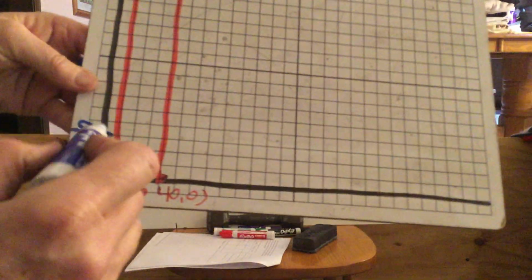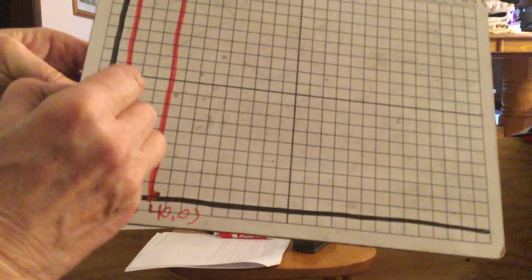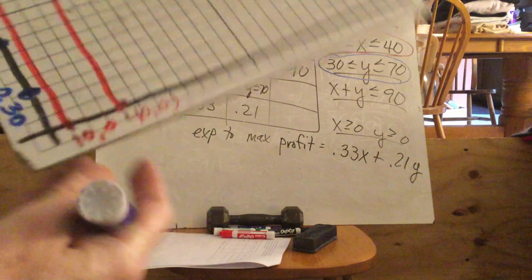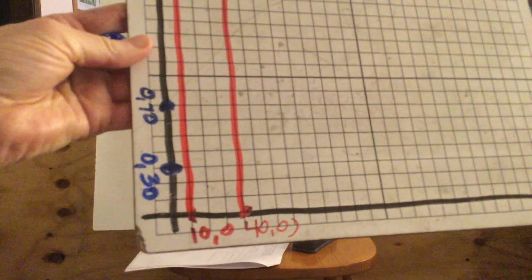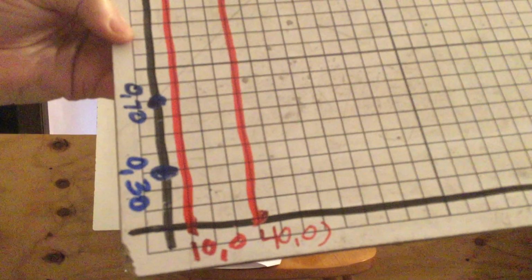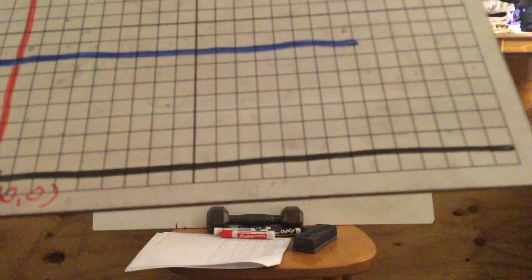And then up to 70, so 40, 50, 60, 70. That's the point 0, 70. So now on my Y-axis, because my blue equation up there is just Y, no X's, I put the two dots at 30 and 70, and then I'm going to draw my bars horizontally.